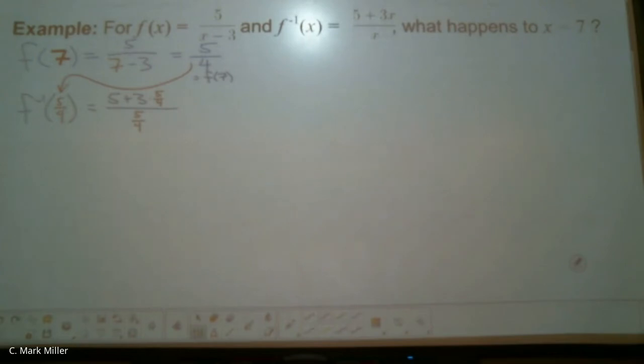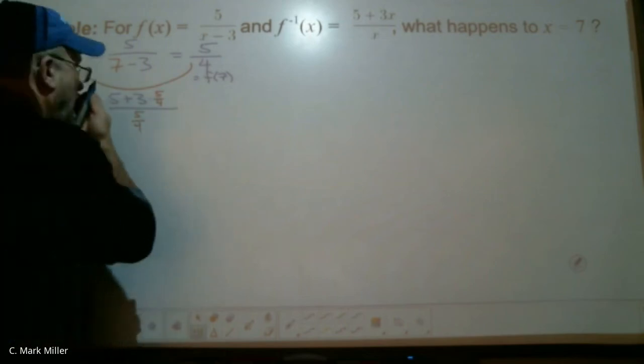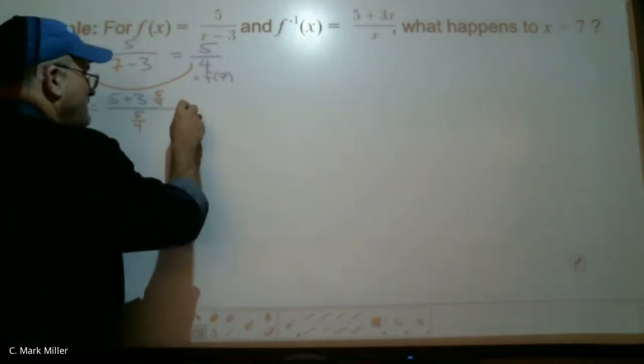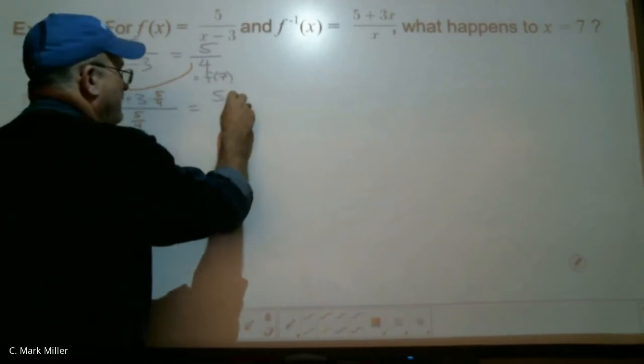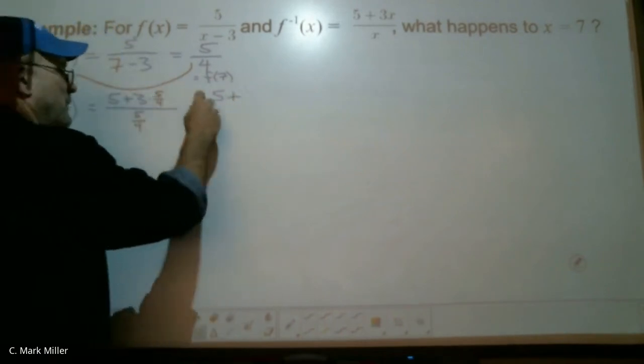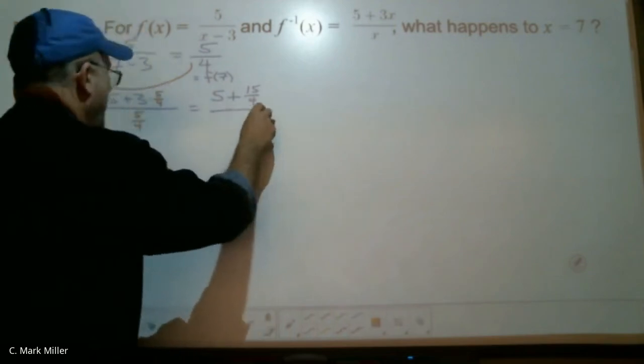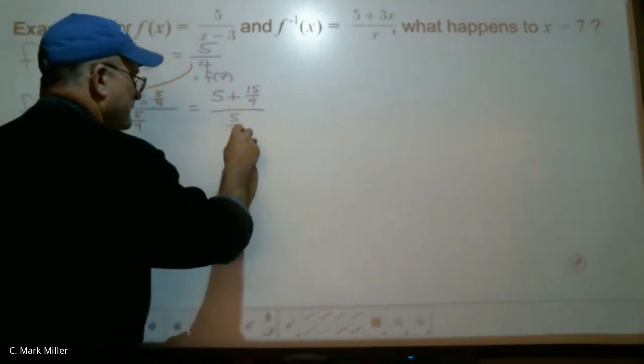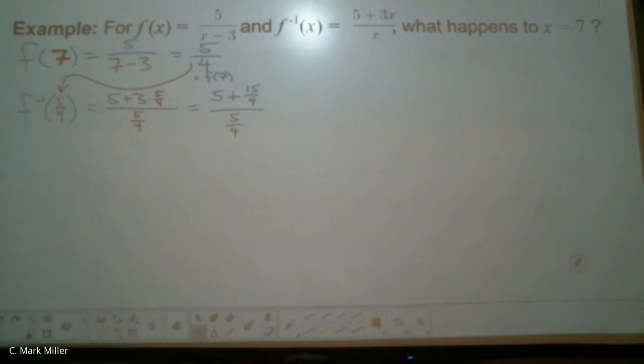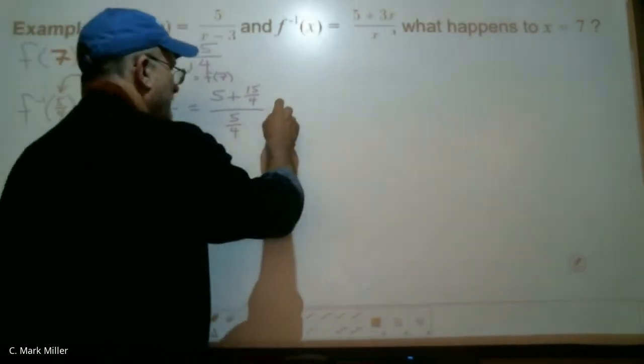All right, one step at a time. 5 plus 3 times 5/4, which is 15/4, divided by 5/4. Now I got these 4s in the denominator, so I'm going to multiply by 4 over 4.